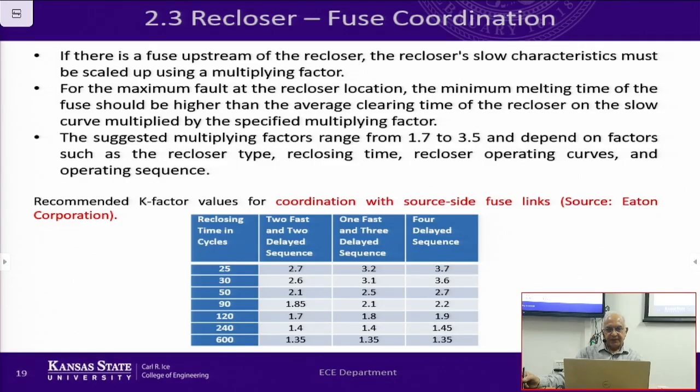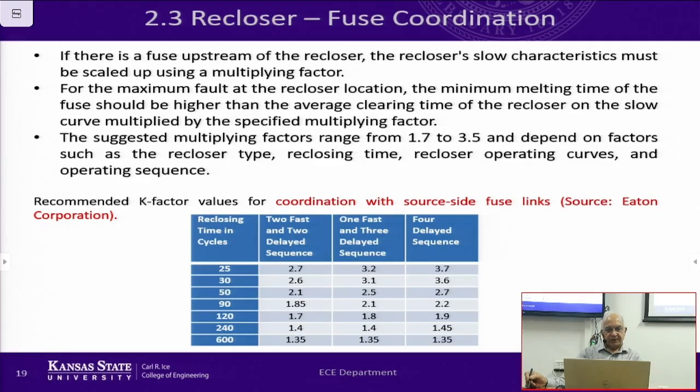So let me, in this table, that multiplying factor can range from 1.7 to 3.5. And this is again based on the recommended coordination. This is for source side fuses, and depending on what the reclosing time is, anywhere from 25 cycles to 225 cycles to 600 cycles, 2 fast and 2 delayed sequences, 1 fast and 3 delayed sequences, 4 delayed sequences.